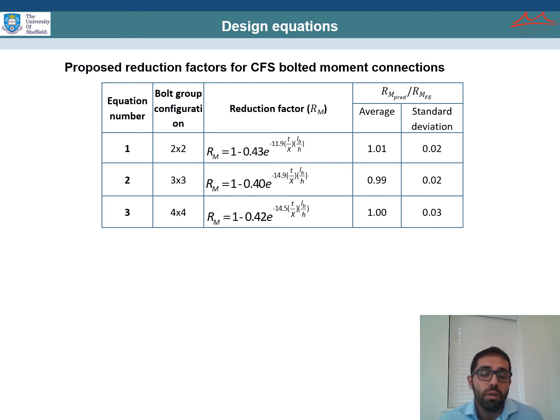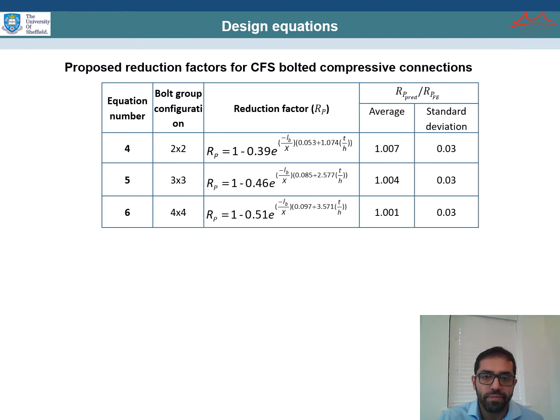The other parameter is LB over H, which is the length of the bolt group over the beam depth. As you can see, the ratio of the Rm obtained from the equation over the Rm obtained from finite element shows that the average error is less than 1%.